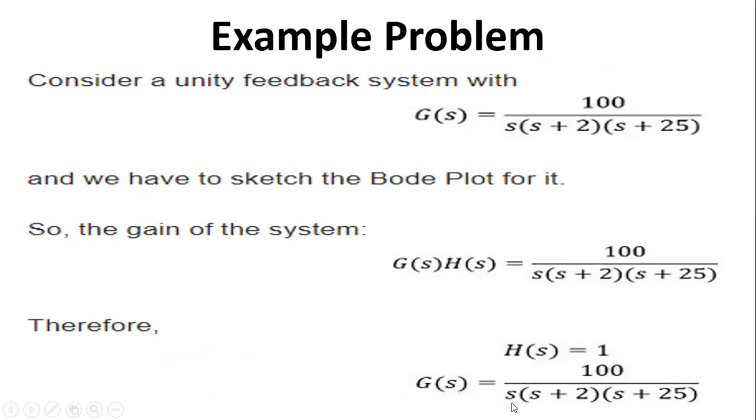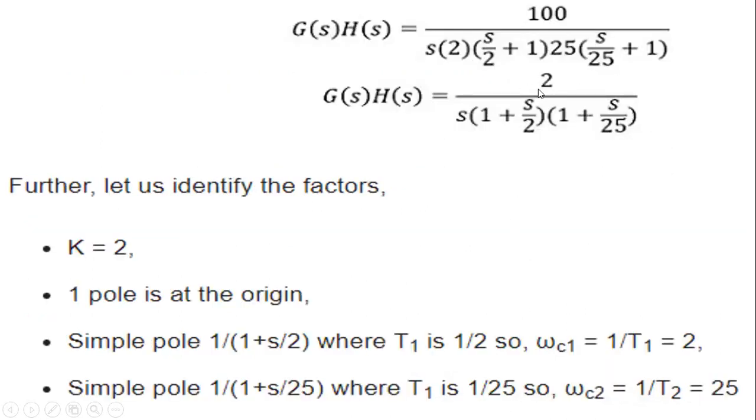So 100 divided by 25 times 2 gives us 2. So we get 2 by s into (1 plus s by 2) into (1 plus s by 25). This is the time constant form that we are getting here.